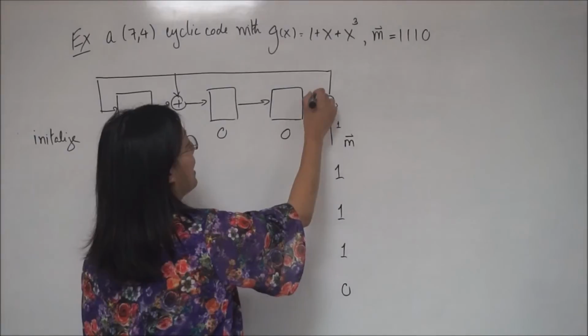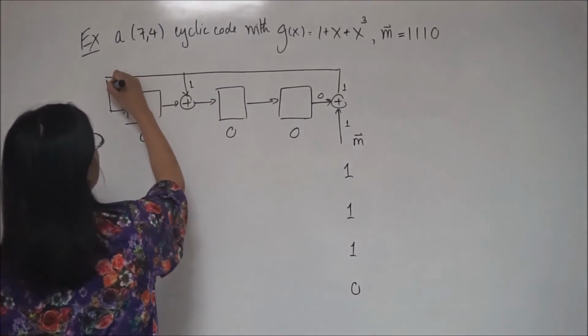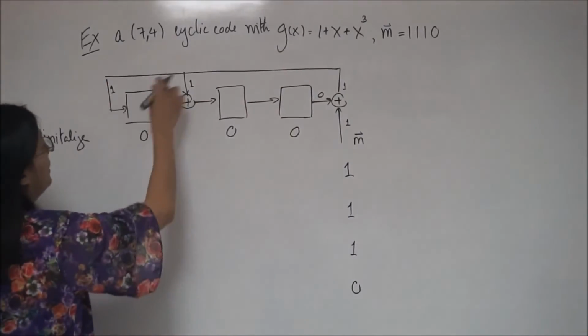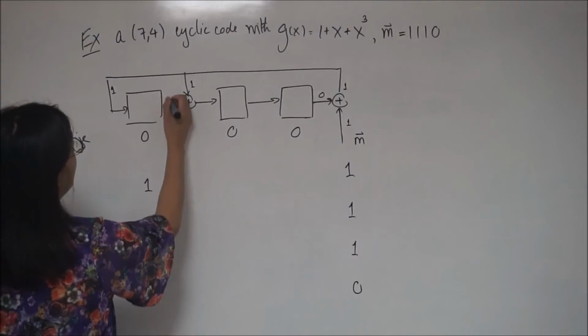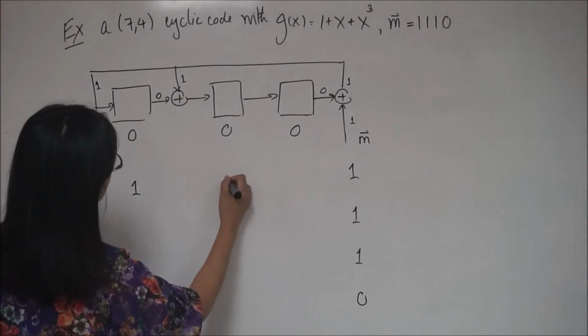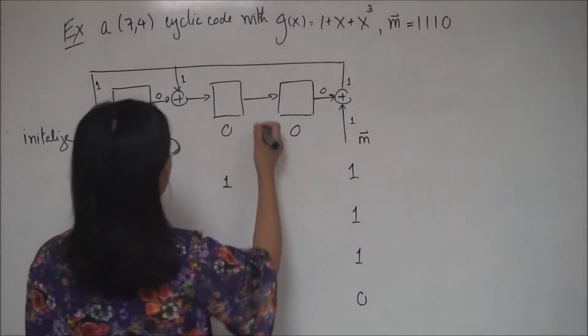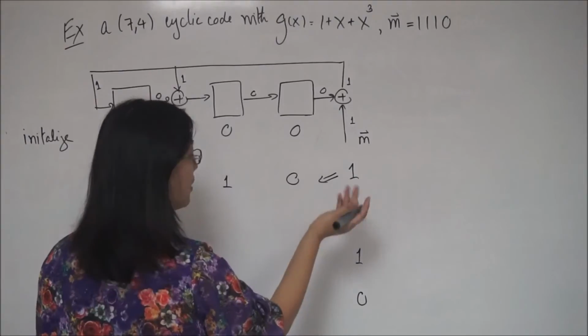And it starts with the message first. How do I know that this is the most significant bit? The most significant bit is the one that comes in first. You always input the most significant bit of the data into the circuit first.